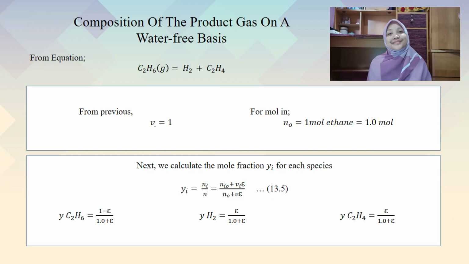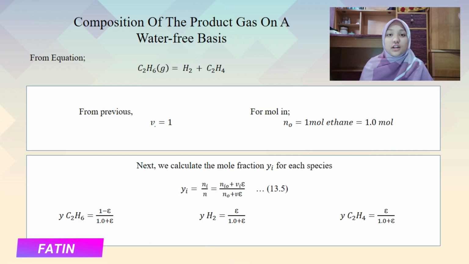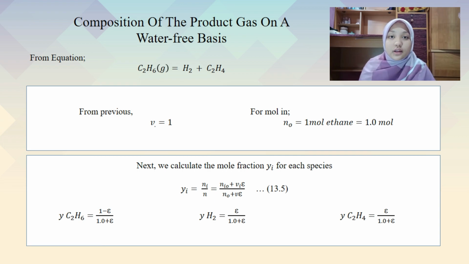Thank you. Next we are going to calculate the composition of the gas product on a water-free basis, which is without the steam. From the previous slide, V is equal to 1, still the same in this slide, but not for the mole in. The mole in is equal to 1.0 mole of ethane. In this slide, you do not need to add 0.5 mole of steam since the equation is on a water-free basis. So now you have new NO, which is 1.0 mole.